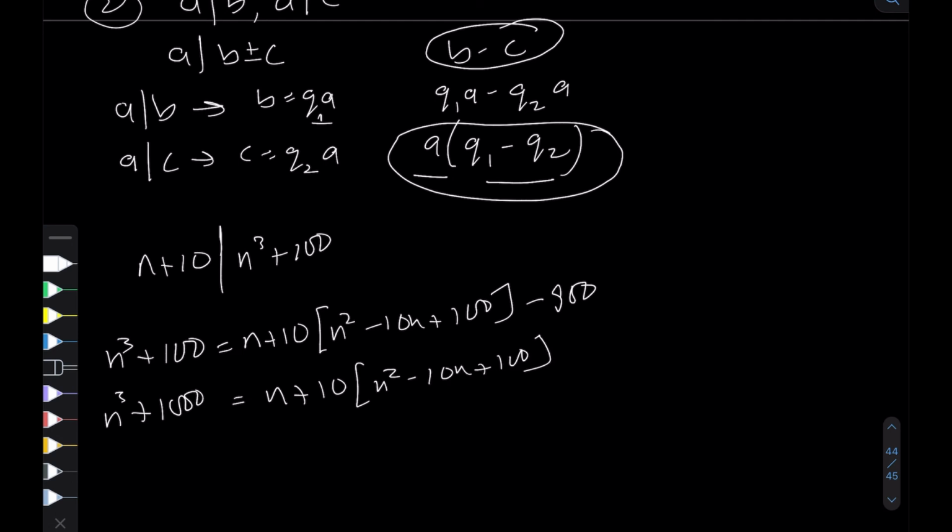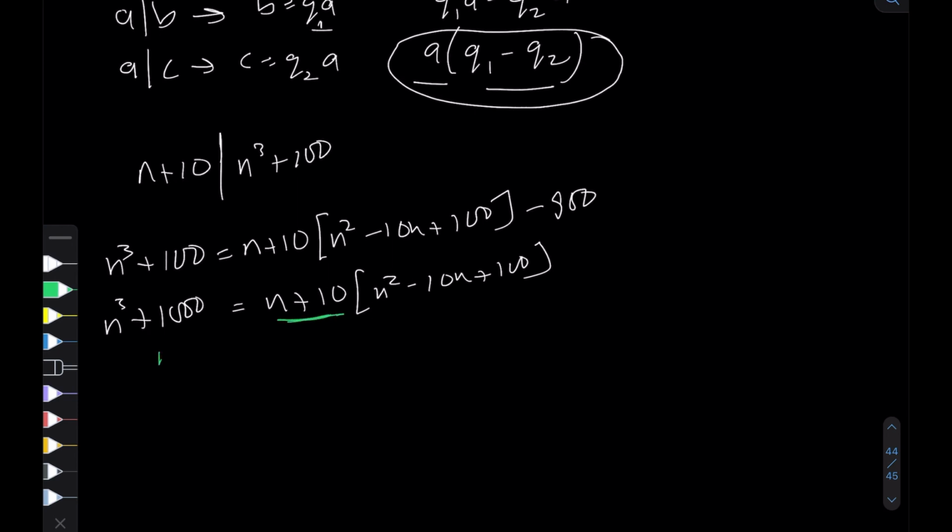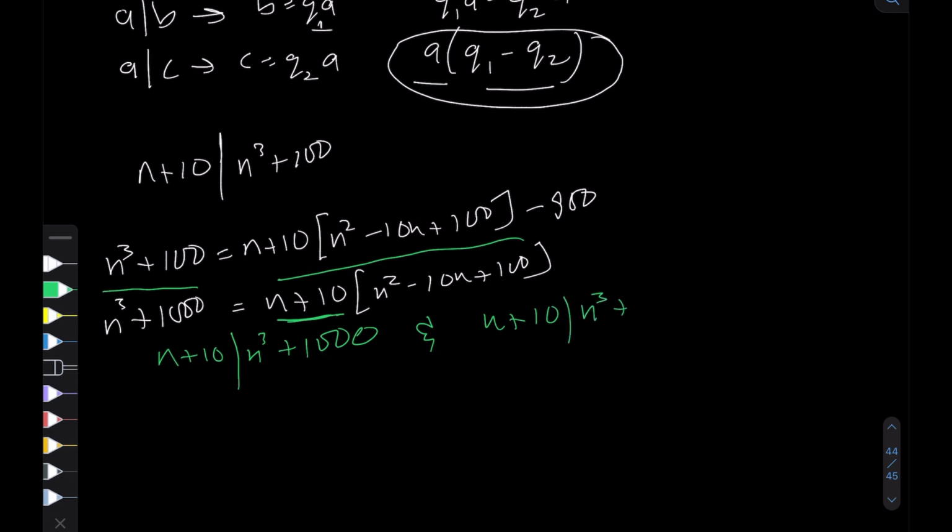And so we can conclude another divisibility by this, that n plus 10 must also divide n cube plus 1000, because this thing is a multiple of n plus 10, and n cube plus 1000 is equal to this. So n plus 10 divides n cube plus 1000, and n plus 10 divides n cube plus 100.